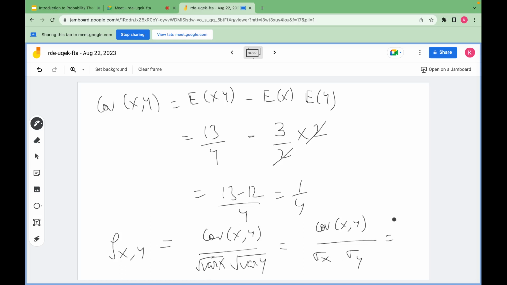So now this is 1 by 4 divided by sigma x, which is 1 by 2, and sigma y, which is root 1 by 2. This value will come out to be 0.71. I hope the solution is clear.